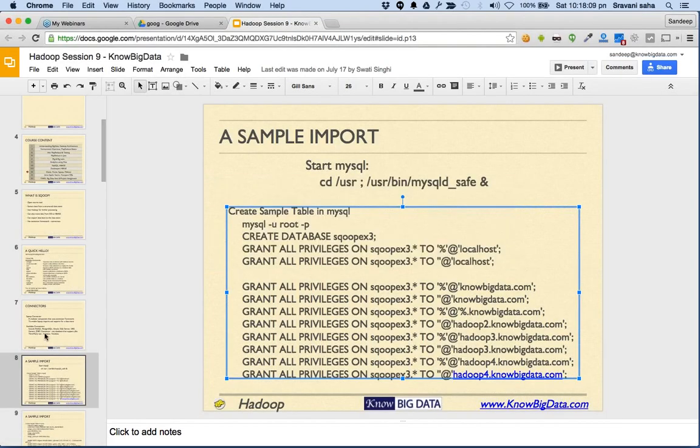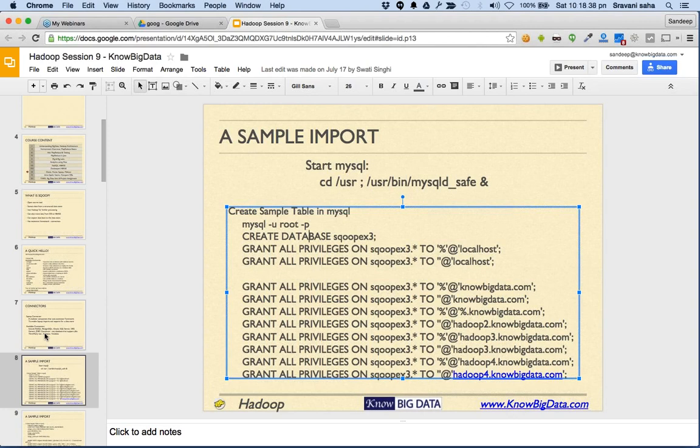Also please note that when Sqoop connects to MySQL, what actually happens? Sqoop will be running as a MapReduce job, and from all the four nodes, it might connect to the single database. Therefore, you have to ensure on the MySQL side that your MySQL can be connected from any other machines.